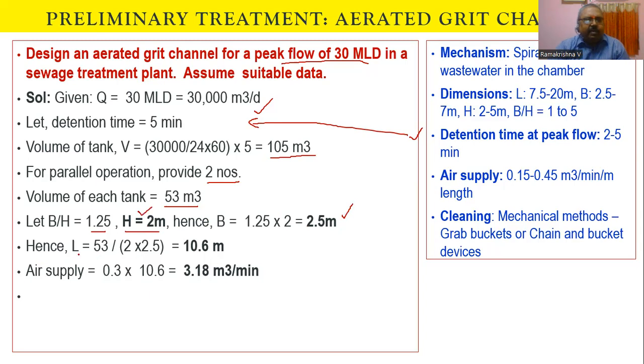Then L will be equal to volume divided by B into H, which is around 10.6 meters. And air supply will be around 0.3 to 0.45 meter cube per minute per meter length. So length is 10.6, 0.3 into 10.6 is equal to 3.18 meter cube per minute.